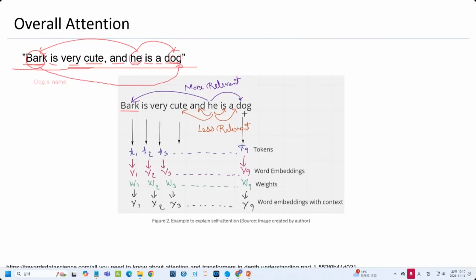If you look at the word he with the surrounding text, he and is, he and a, he and cute, it's not that relevant.